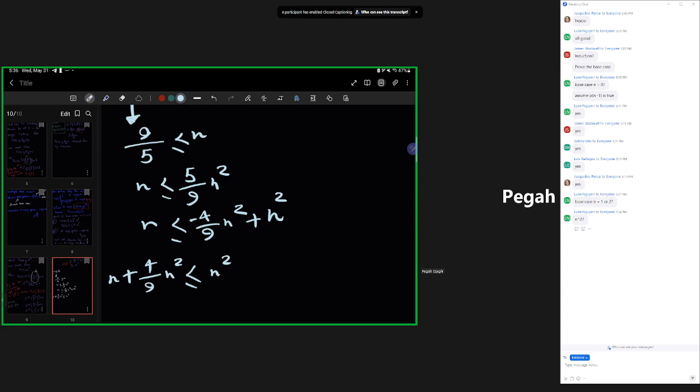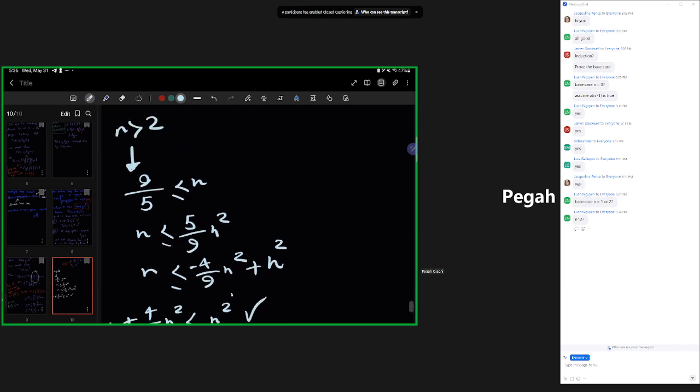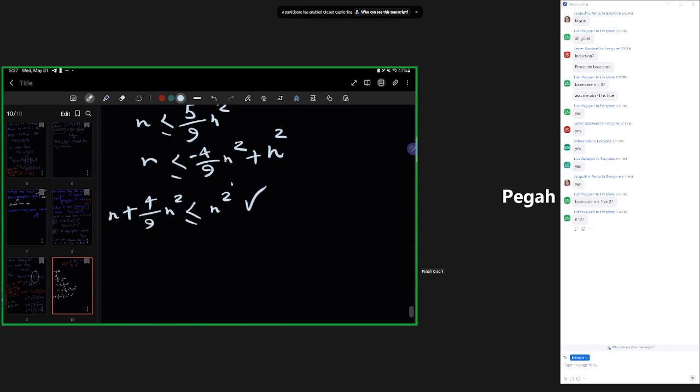Because 9 minus 4 is going to be 5 over 9. So that's going to hold. That's the reason it's going to hold here. So you start with this one, you consider n, and okay, if n is 2, that's going to hold, n greater than this number, which is going to be less than 2. So okay, this is going to hold.